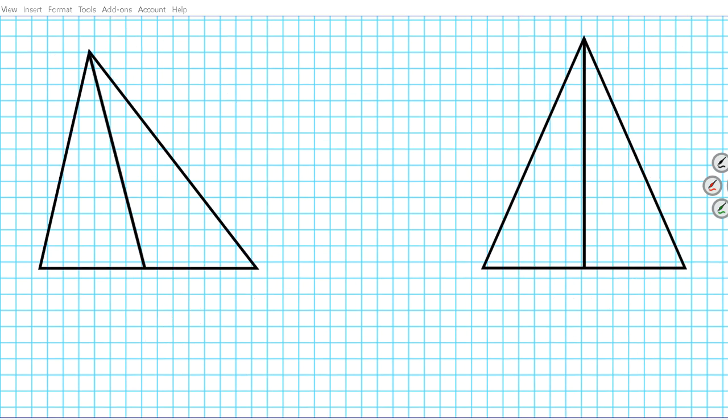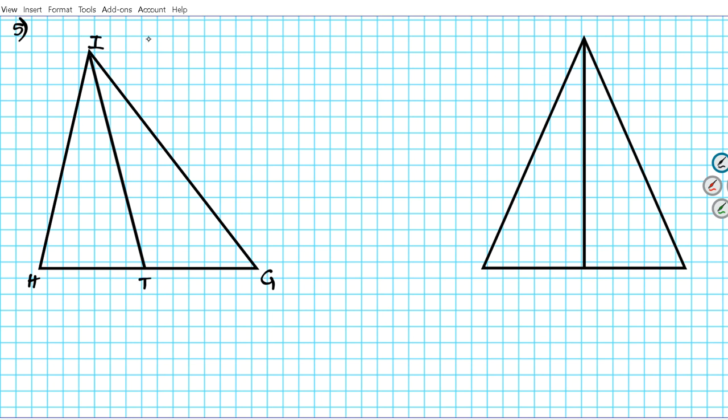All right, let's take a look at number 5. Question number 5. So for question 5, let's say we have triangle GHI, and we have just one median, IT.